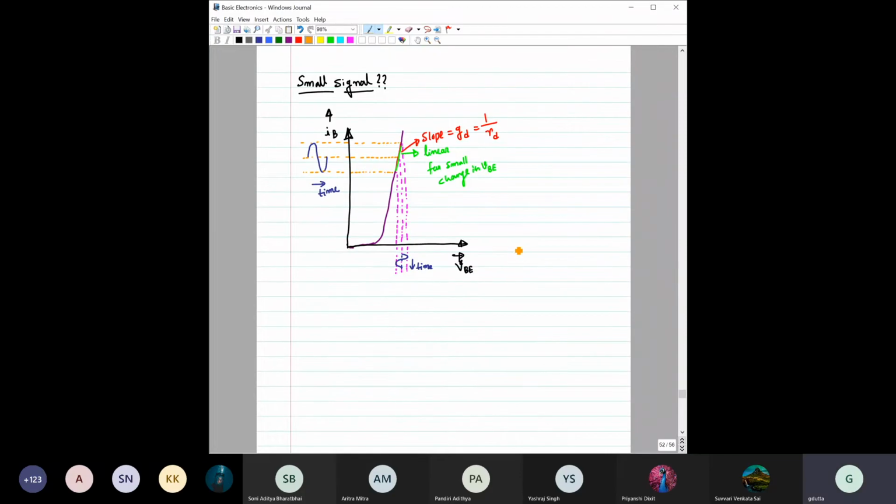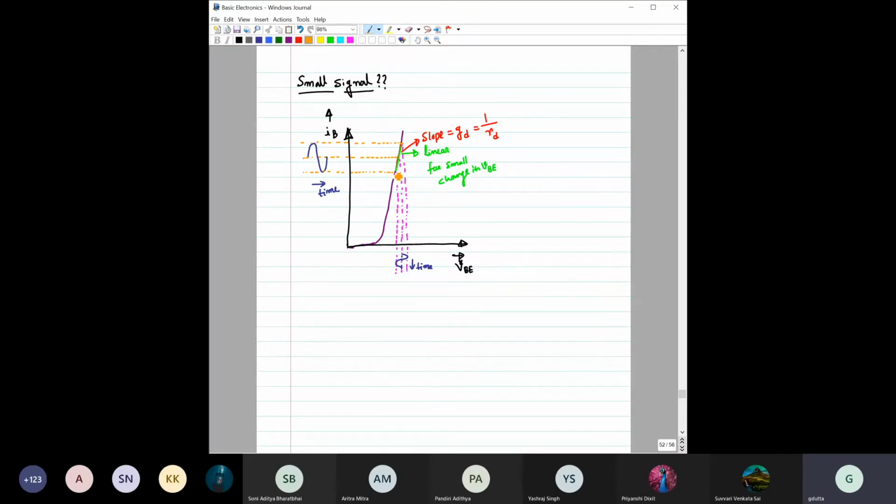So again, to discuss what the small signal is and what should be the actual value of that small signal, let us start with the same diagram that we have seen on the last page. Here is the IB versus V of BE plot with the same diode characteristics.